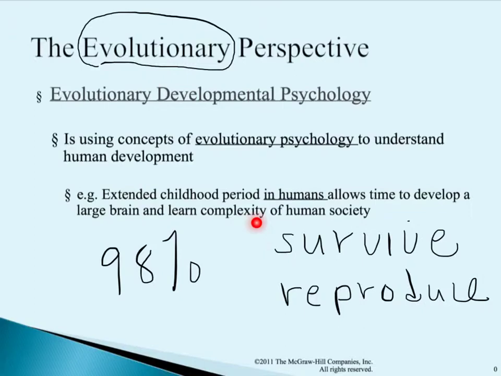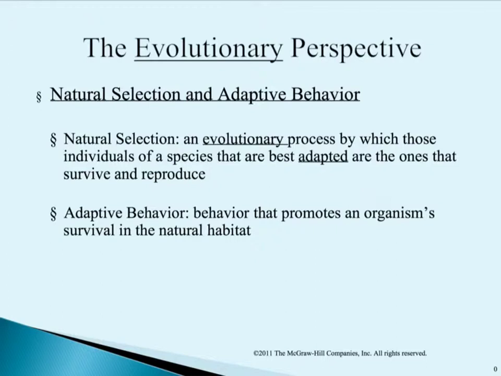A horse is born, it stands up and runs. And even a baby elephant is born, it's able to stand up and feed itself. What can humans do when they're born? Not much.